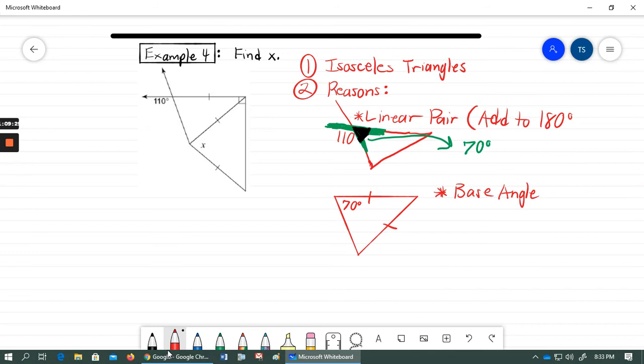If we got these two congruent sides, that means that the angles that are opposite to them have to be congruent as well. So if one of them is 70 degrees, the other one has to be 70 degrees. So this angle right here has to be 70 degrees.